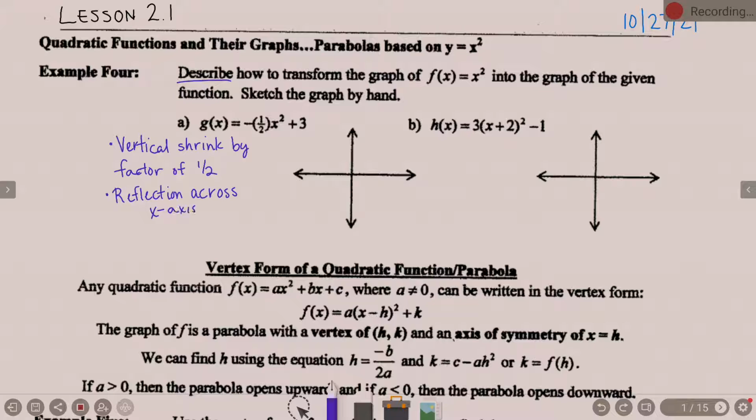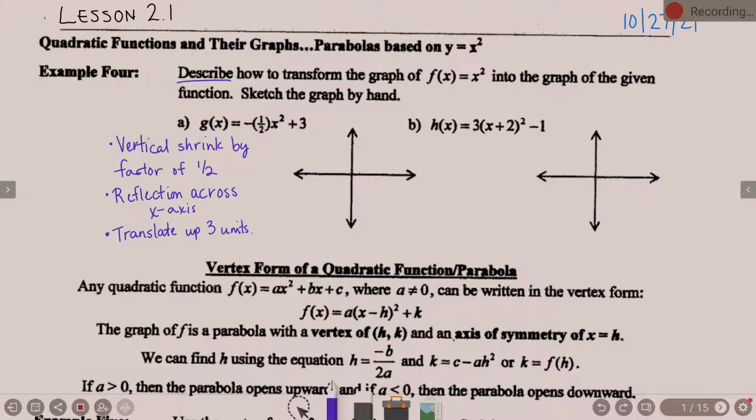Bless you. And the plus 3 means we are going to translate up 3 units. Right? Okay, so that's just me putting into words all the different pieces we have here. And this is all based on f of x equals x squared. Now, our deal is to graph it.